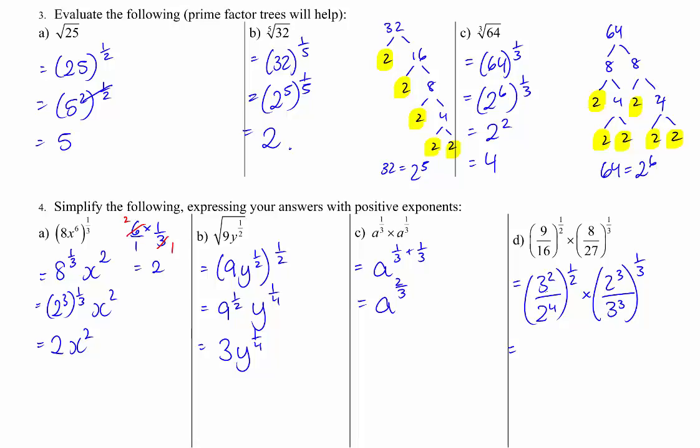So using our exponent rules, we have 3 to the power of 2 times a half. 2 times a half is 1. 2 to the power of 4, or to the power of a half. 4 times a half is 2. 3 times a third is 1. 3 times a third is 1. So it's 2 over 3. So this becomes, if I only do my fraction cancelling, 3 to 3 is 1, 3 to 3 is 1. I can cancel one of those 2s with one of those. So I have 1 over 2.